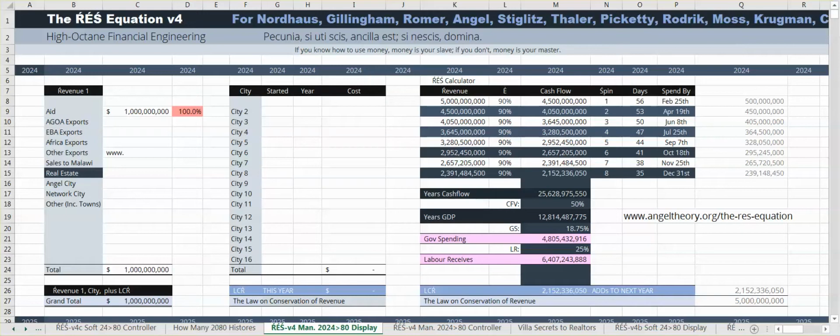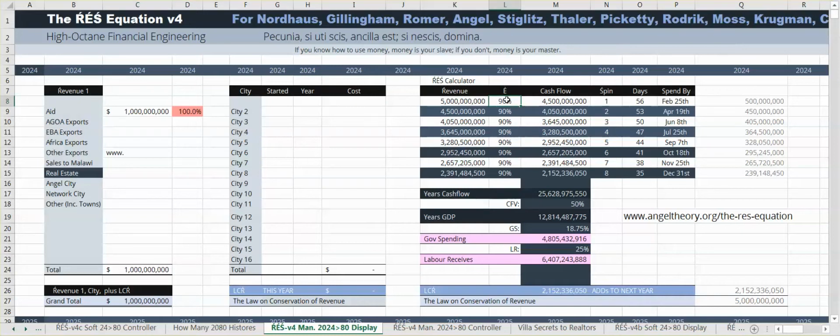The simulation starts in 2024 with 5 billion in revenue. That's initial revenue. It's not the same as revenue, but that's why it's got that little accent over the R. E is 90%. E is quantum efficiency.